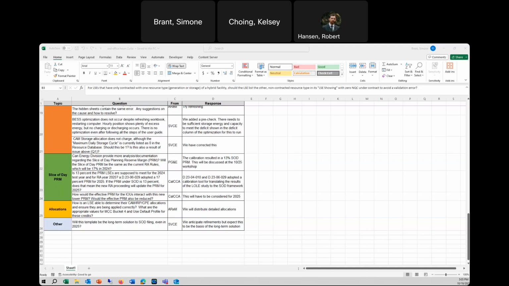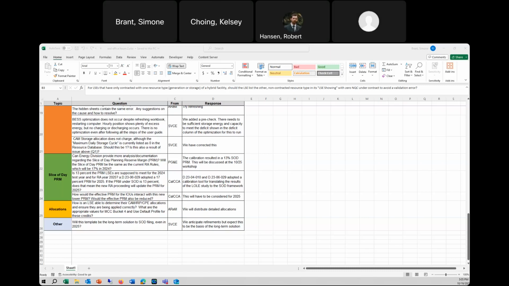Noah? Hey, Donald. Can you clarify where the mistake was made? Was it on the 1025 study way back, or is it on the current conversion study? I think the 13% came out of a template that we were using for conversion from the study to this slice of day tool.